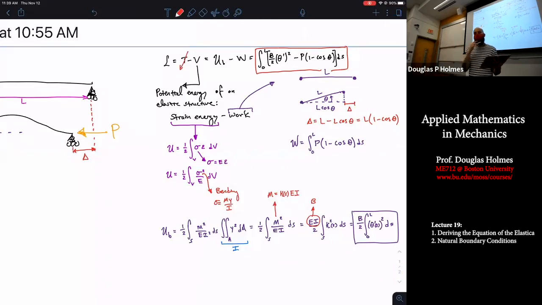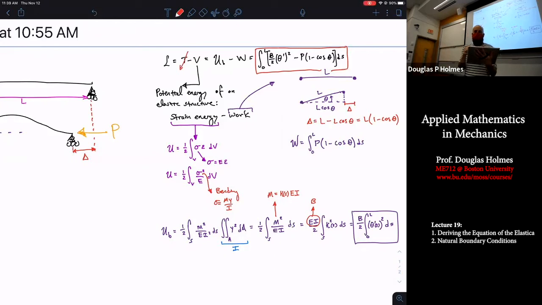And the purpose of that is, 1, to practice that. 2, because it's going to give us some of the boundary conditions that we can use to solve this problem. So what I'd like you to do, I'm going to split you up into groups. What I'd like you to do is to carry out this minimization.